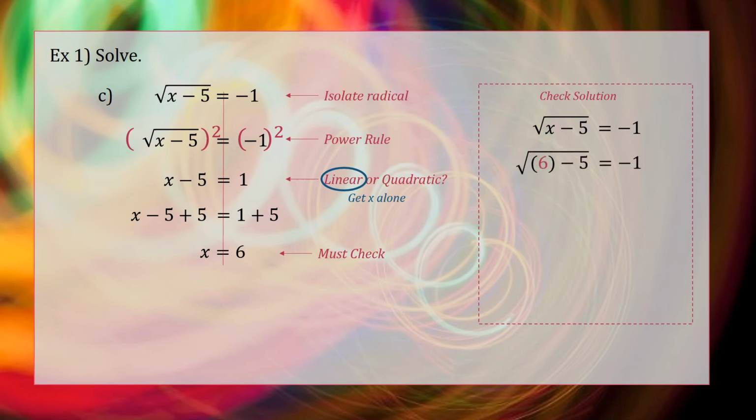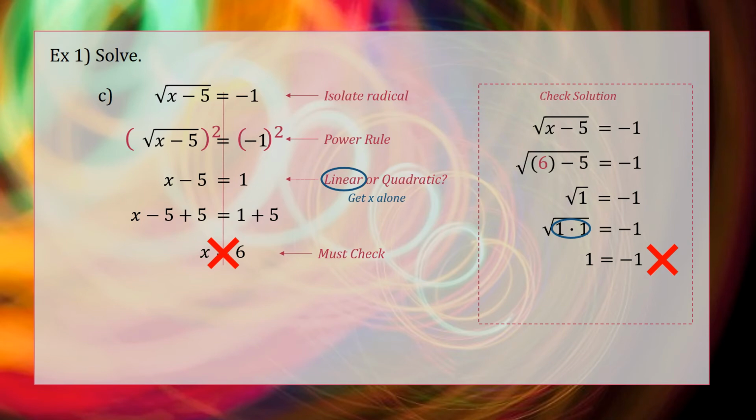So we plug in a 6 under the radical. Under the radical, 6 minus 5 we know is 1. If we factor 1, 1 is made up of 1 times 1. We do have a set of 1's, so it comes out of the radical, and we have the equation 1 equals negative 1. Is that true? No, that's false, which means I cannot keep that answer.